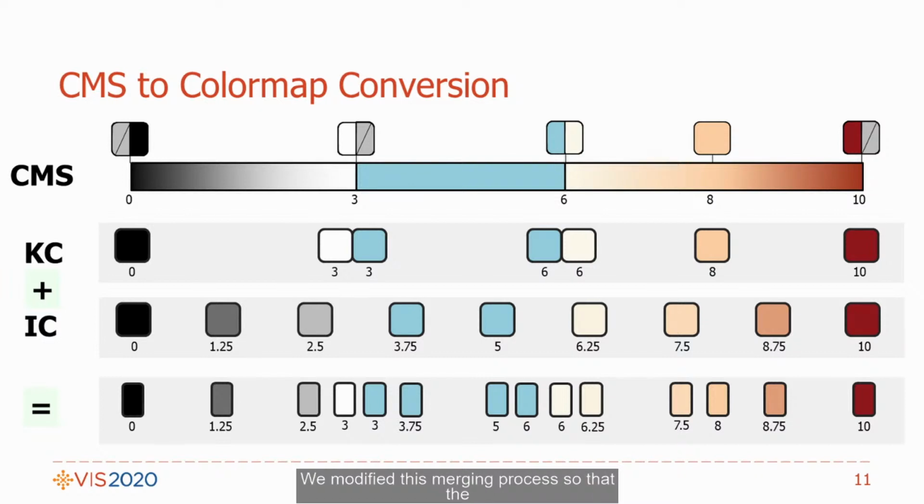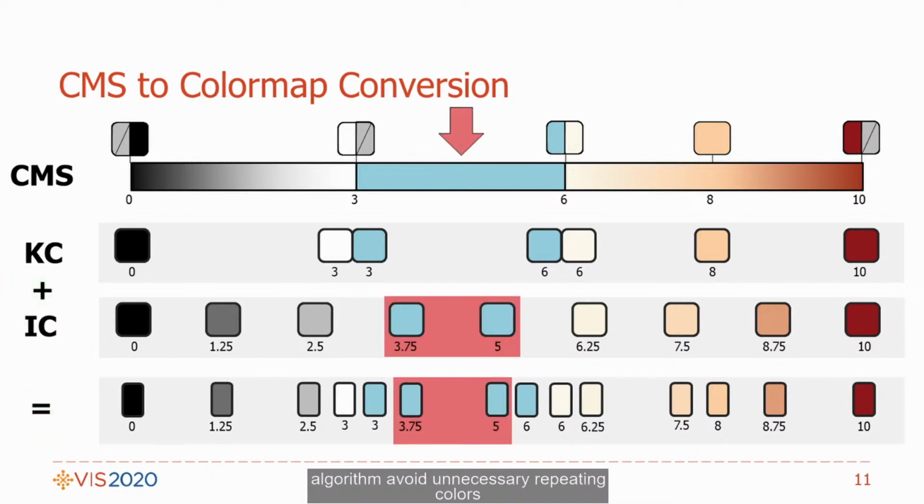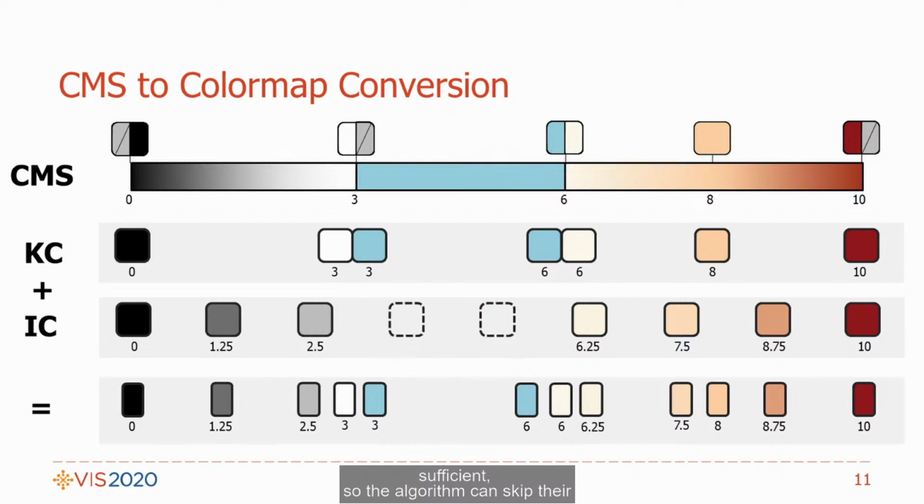We modified this merging process so that the algorithm avoids unnecessary repeating colors from the constant bands, because for constant bands the key colors are sufficient, so the algorithm can skip the calculation of their interval colors.